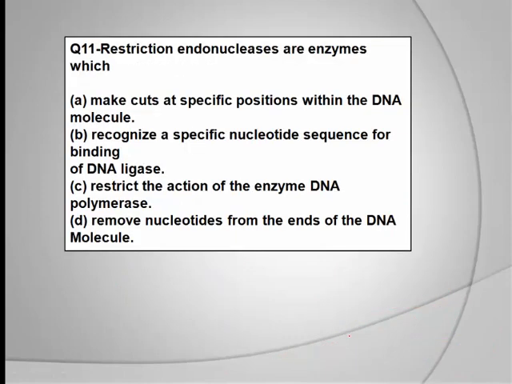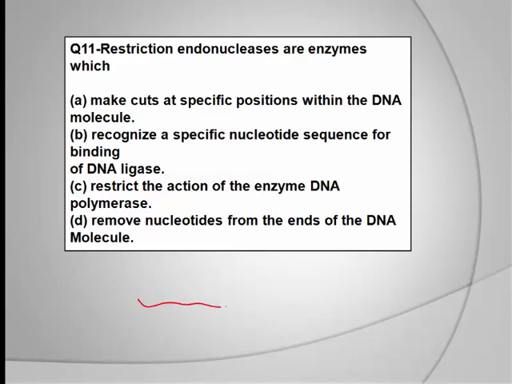Restriction endonucleases are the enzymes that do what? What is the function of restriction endonuclease? Make cuts at specific positions within the DNA molecule, recognize a specific nucleotide sequence for binding of DNA ligase, restrict the action of enzyme DNA polymerase, remove nucleotides from the ends of DNA molecule. So what is the function of the REN here?